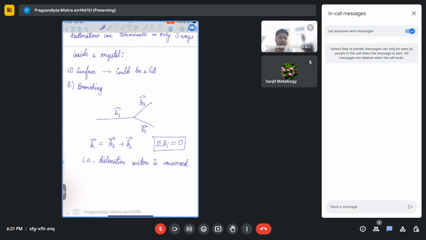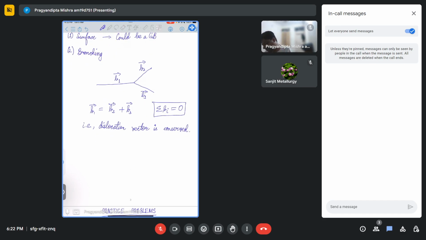So you always have to follow this Burgers vector sum whenever you are looking at any dislocation. So by branching out, this is another way in which a dislocation can terminate. Why are we saying that the new dislocations are not the same as the previous dislocation? Because they have new Burgers vectors or new slip vectors, right? B2 and B3 are different from B1. So therefore, branching will result in the dislocation getting terminated.